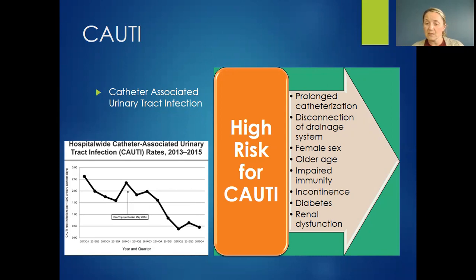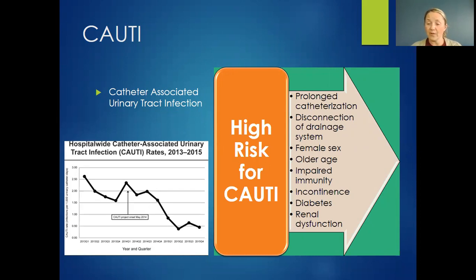Preventing hospital-acquired infections is typically one of their goals every year. For several years, CAUTI was specifically on the list, with following protocols to decrease the risk of CAUTI. This year, for the first time in several years, when they released their list in January, they shifted the focus to hand hygiene.